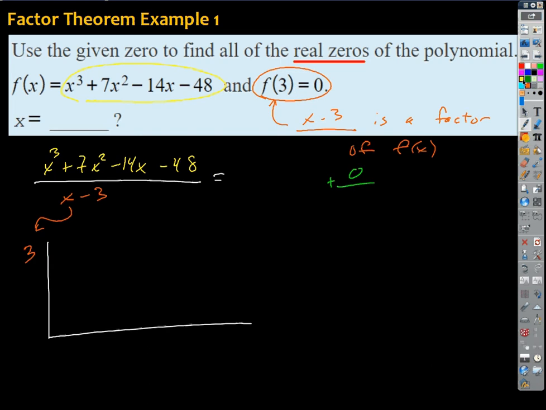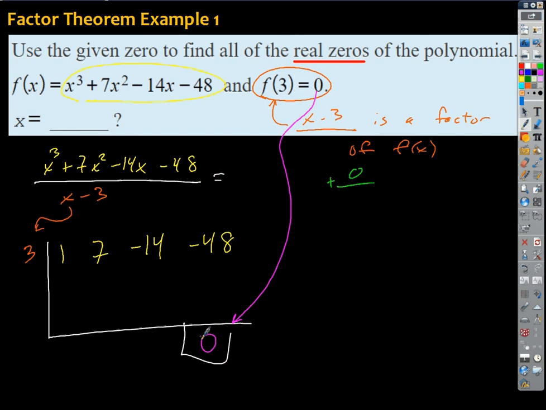What are the coefficients going to be that go across the top? 1. There's my 1. 7. And negative 14 and negative 48, right? And what's going to be in the remainder box? 0. Right? They tell us it's a 0.